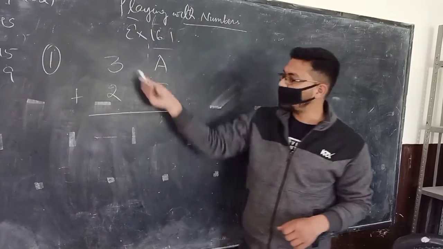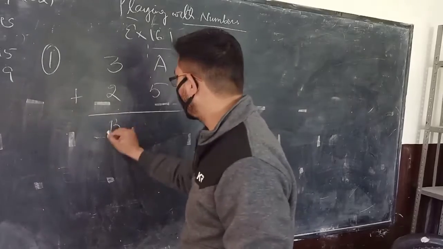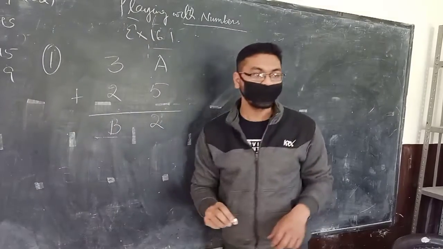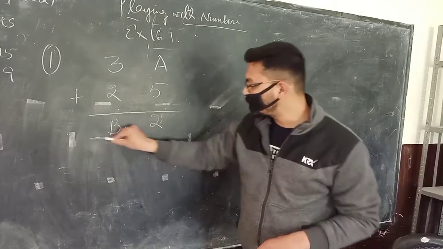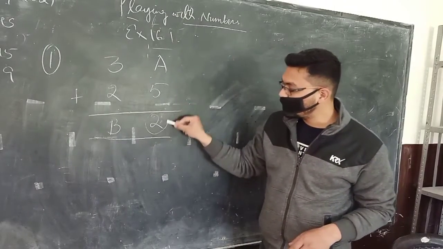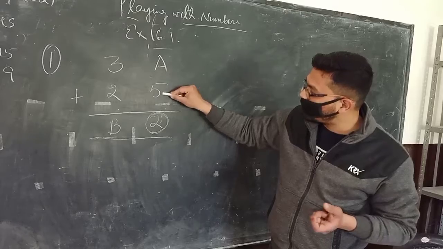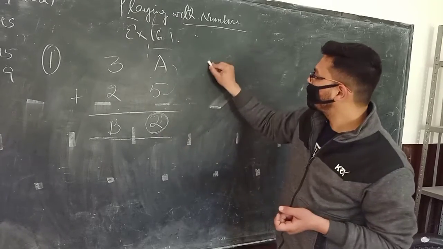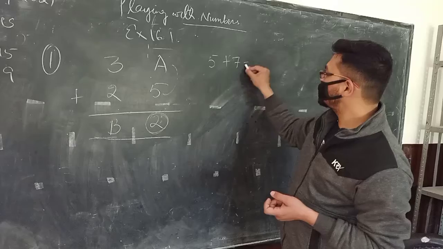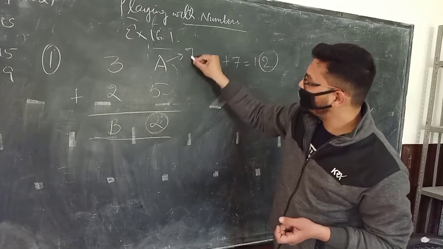You just need to add these two values so that you will get B2, right? Now please see here. If I want to get 2 here, what number should I add with 5 so that I get 2 here? 7, because 5 plus 7 is 12, right? That means A is nothing but 7.